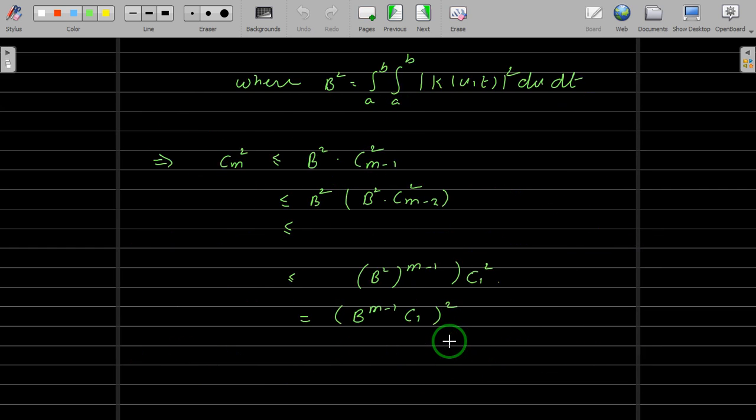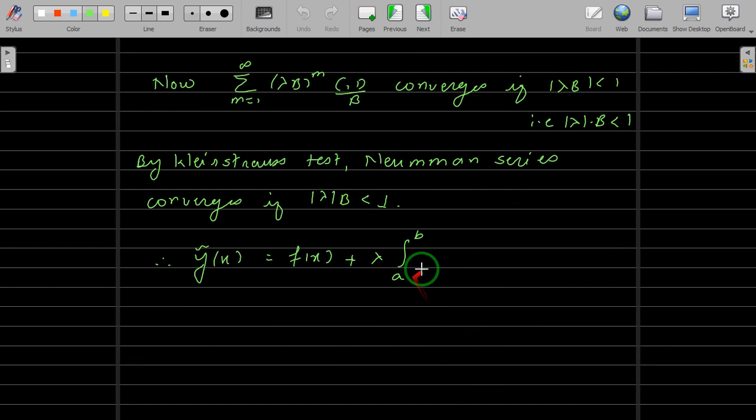Now in this case I can write that integral outside and then the summation inside, i from 1 to infinity. One lambda I have taken out, so this is lambda raised to i minus 1, k_i(x, t) f(t) dt. And then you just note this.